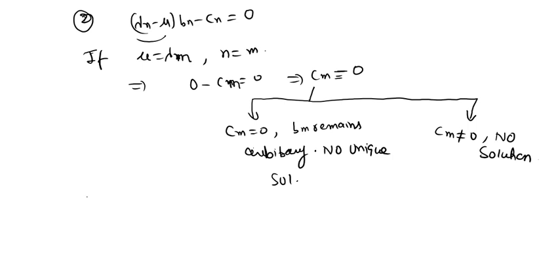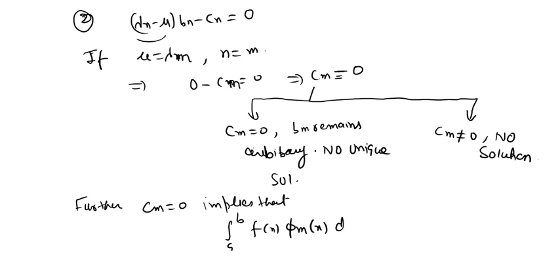And further, the condition Cm equal to 0 implies that the integral from a to b of f(x) phi m(x) dx equal to 0. So this means f is orthogonal to phi m.